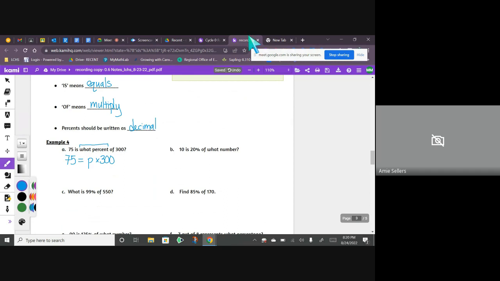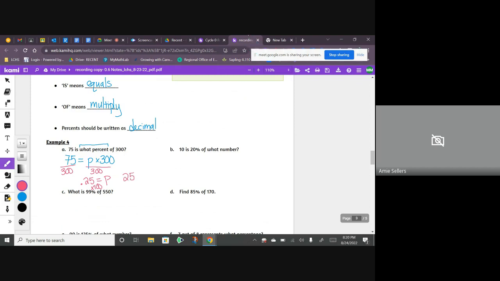Okay, and now I'm just going to solve this. So I can see that P is being multiplied by 300. So I'm just going to divide both sides by 300. So 75 divided by 300, I get 0.25. And because we want our answer to be as a percent, we're going to convert it to a percent by multiplying by 100.